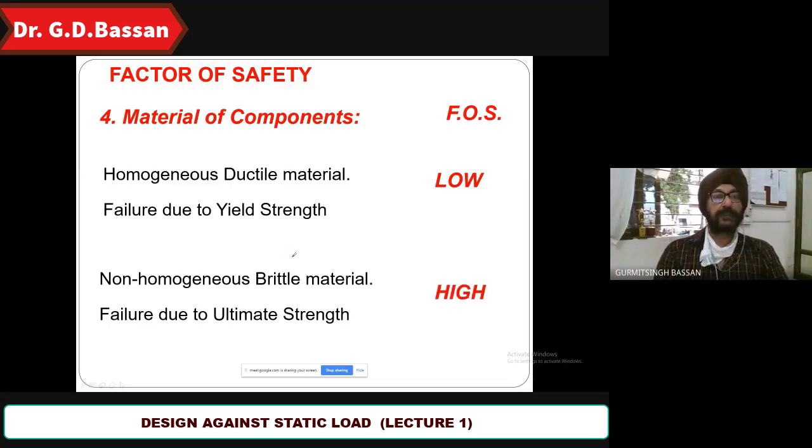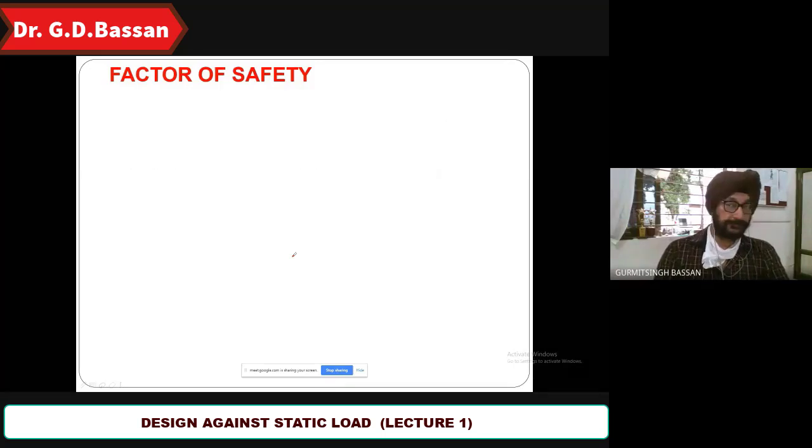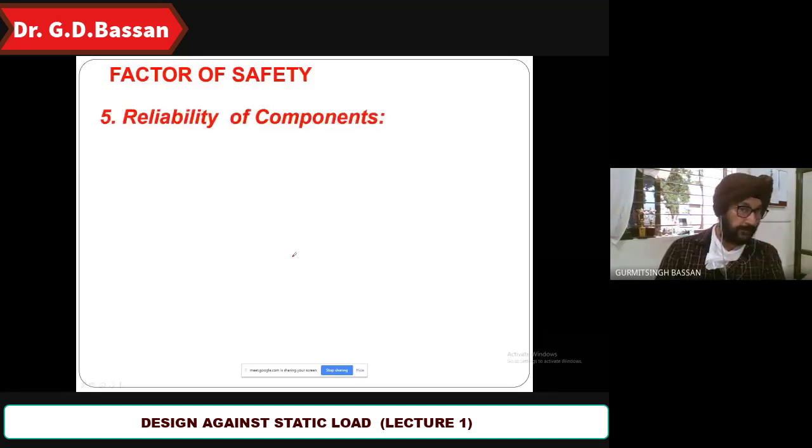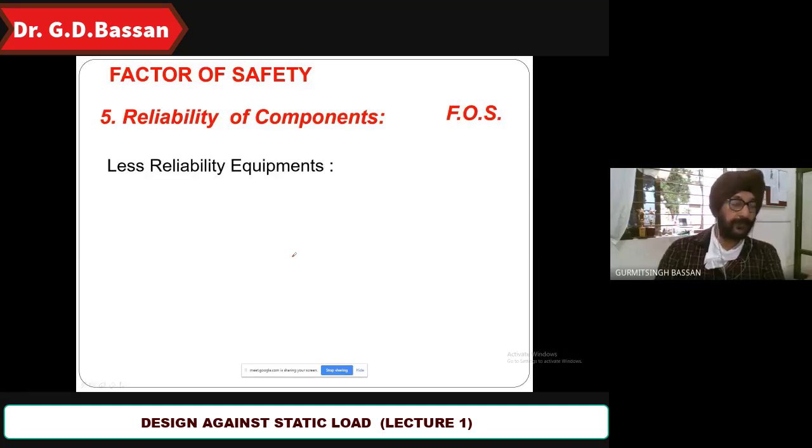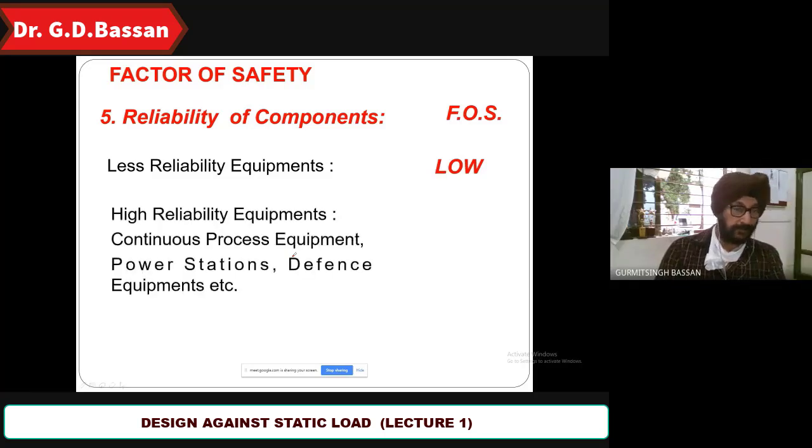Then reliability. If you have low reliability equipment, then we have to take a low factor of safety. If the reliability is high, say in defense equipment or continuous process equipment, in certain factories the machine is running continuously for 24 hours for a number of days.